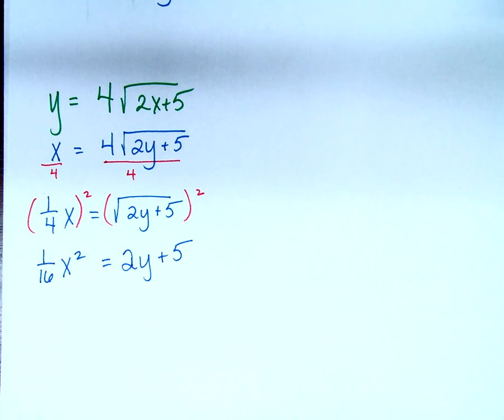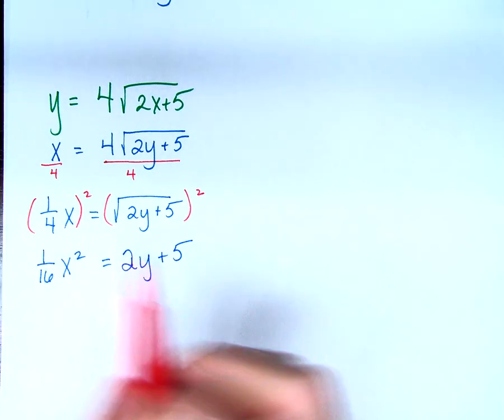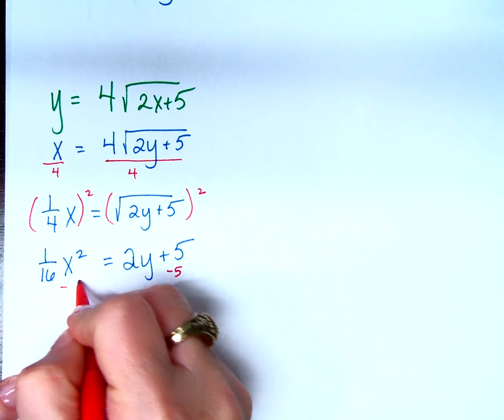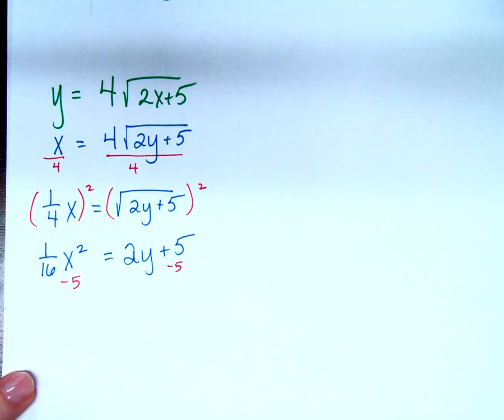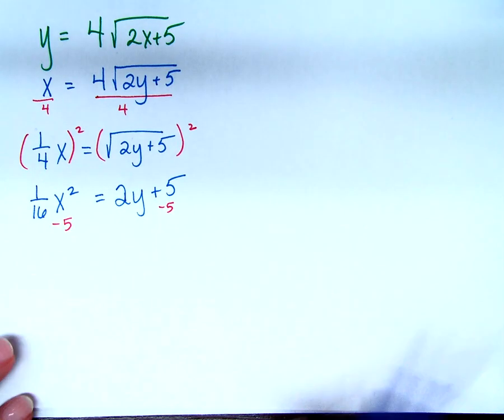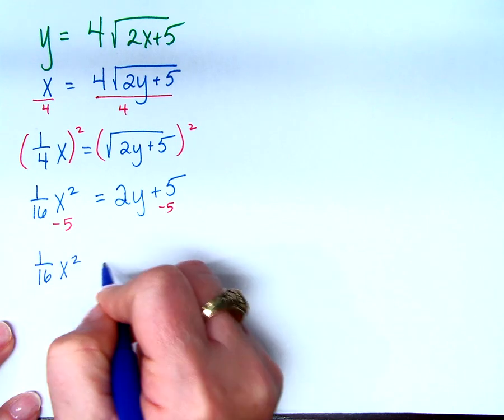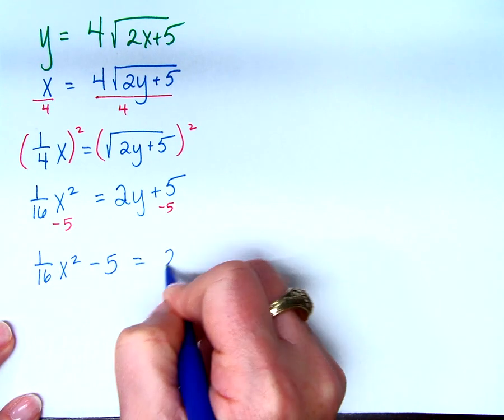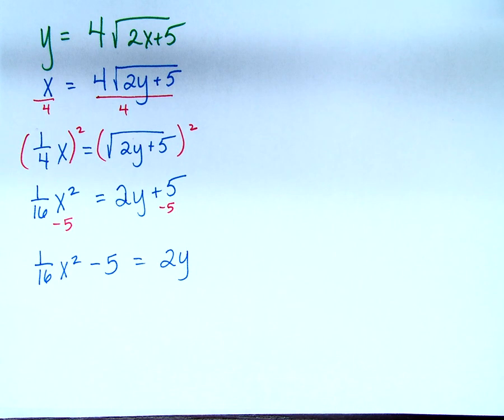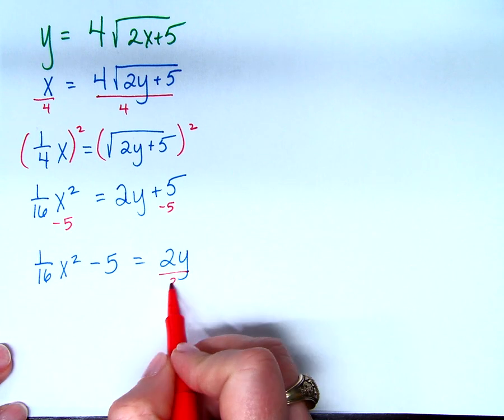Now what do you want to do? Subtract 5, right? This is what you wanted to do from the beginning, right? But you got to get it out of the radical first, right? So I have 1/16 x squared minus 5 equals 2y. I'm going to divide everything by 2.